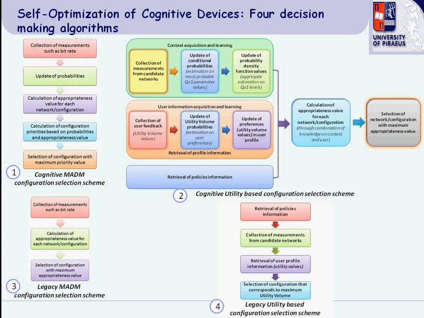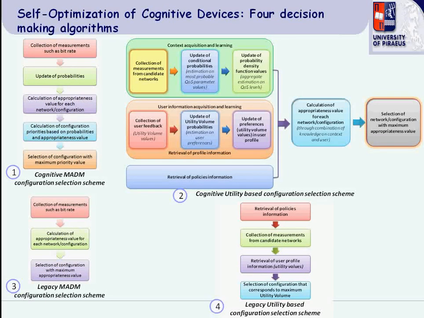Furthermore, in order to obtain a better understanding of the performance of the cognitive device management functionality, for each of these two cognitive schemes, a corresponding legacy algorithm has also been implemented, namely a legacy MADM and a legacy utility-based algorithm. The legacy decision-making algorithms only exploit currently available information. They do not utilize any knowledge.